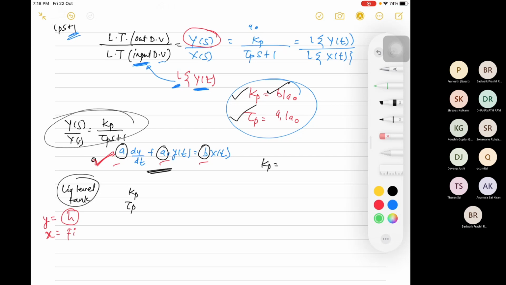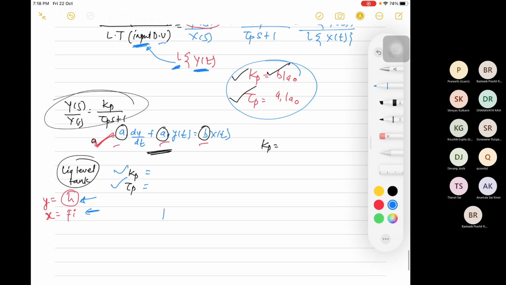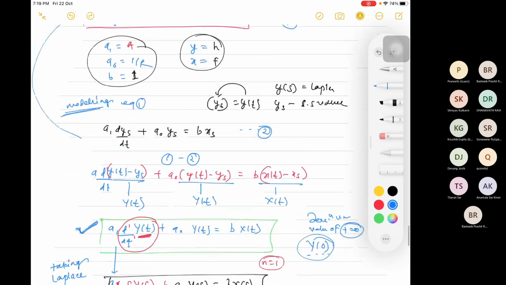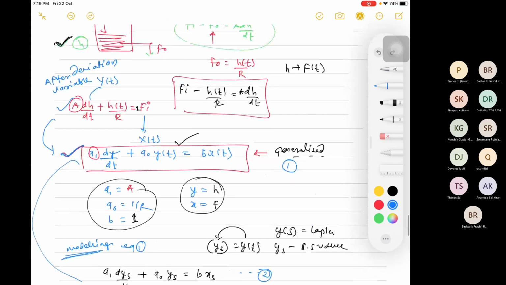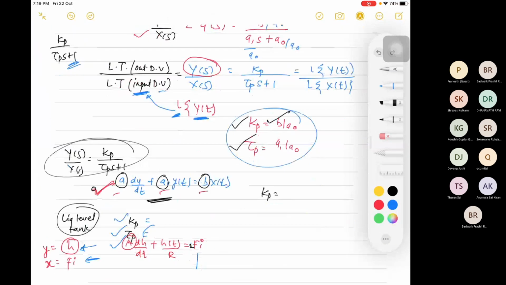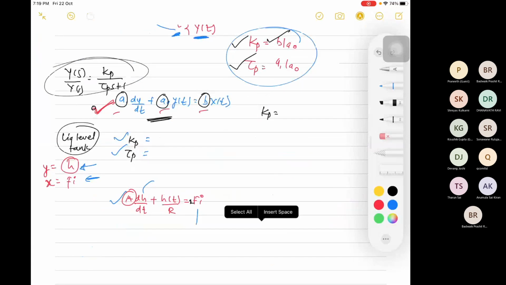I am changing the flow rate and I am getting dynamics in height. So what are Kp and tau p? Write down the equation. What was the equation? This I am copying here. Find out Kp and tau p. Compare this equation.